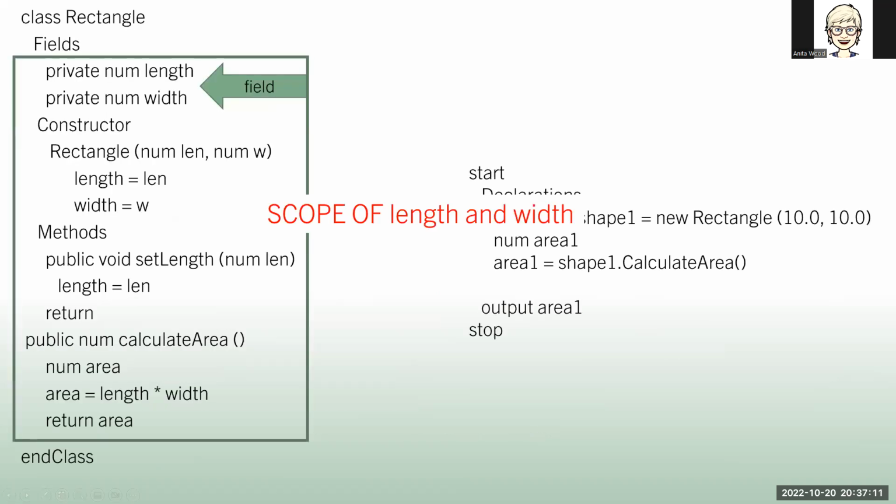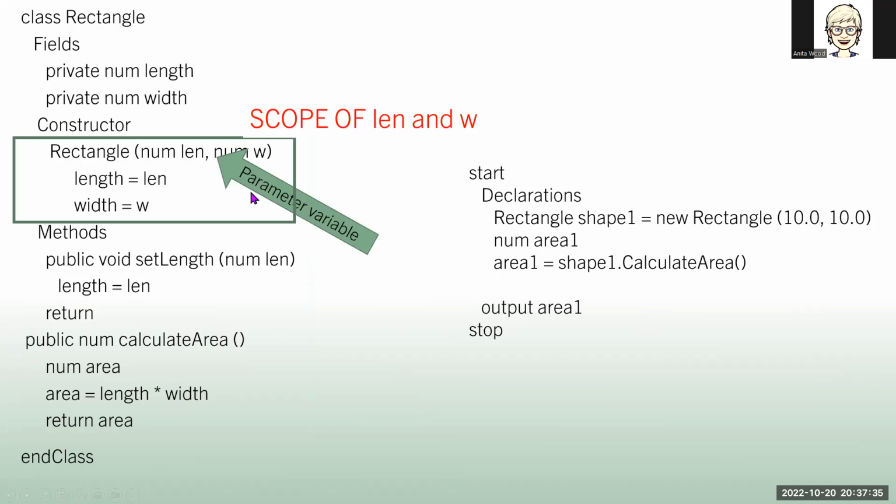So let's look at the pictures again. Repetition is painful, but hopefully valuable. I have fields. The green box tells you the scope of the variables that are fields, length and width. They are variables inside a class, the entire class.